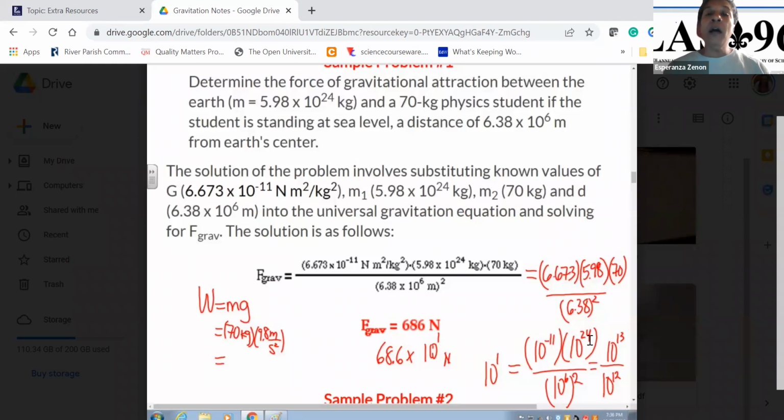When an object is standing on a planet, on a moon, you can get the weight by doing m times little g, or you can get the weight by looking at the gravitation force because they're equivalent, right? And that is because this student is standing on planet Earth, okay? That's why we can do m times little g, all right? They're equivalent.